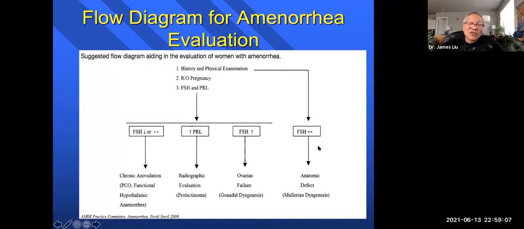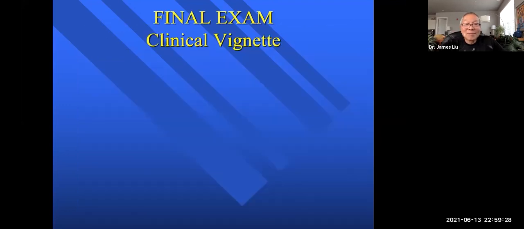If the FSH is normal, below 15 and above 2 or 3, you may be dealing with an anatomic defect such as Müllerian dysgenesis. So this is, I think, a real simple way to look at these things. In general, the thyroid axis is normal in the vast majority of patients.